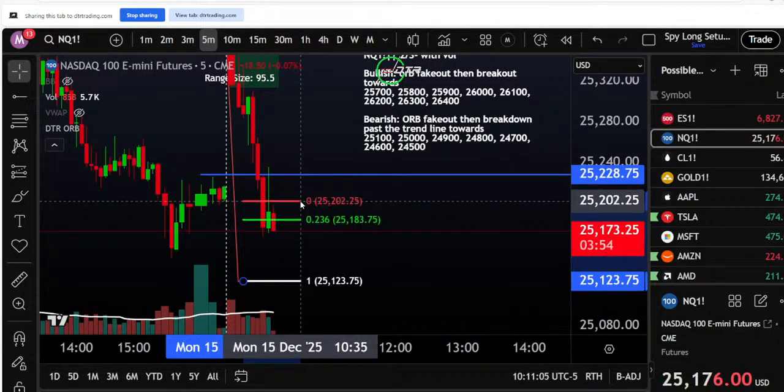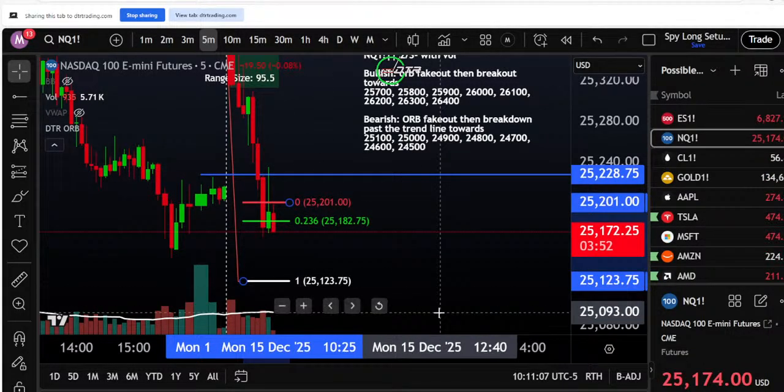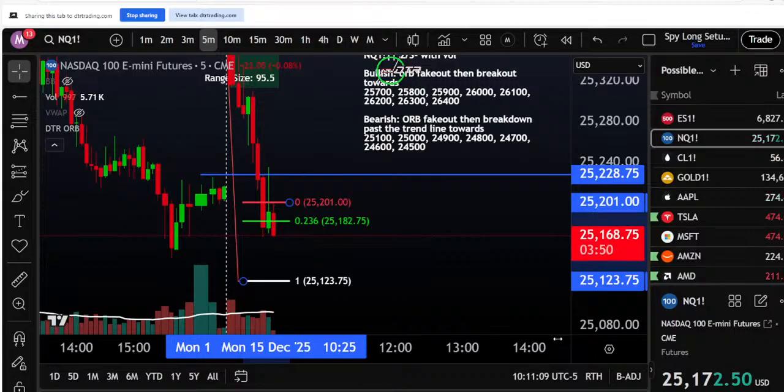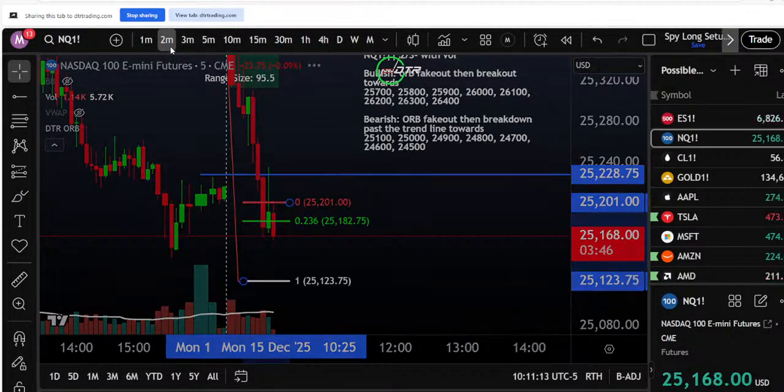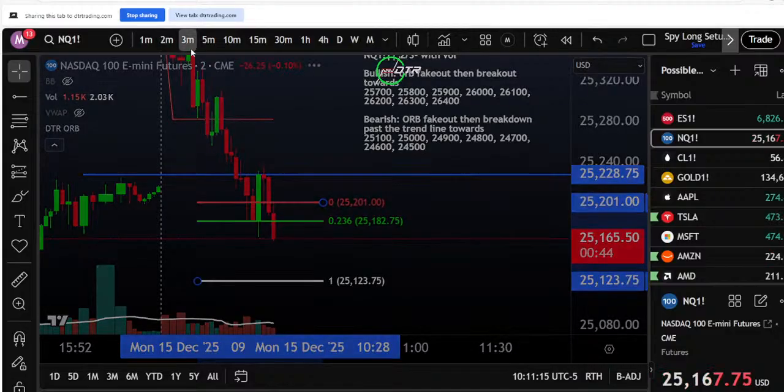Maybe we could do something like this. That'd be a stop loss at 201. Got a decent pullback to go now, so we're gonna go like 30 points, which is pretty punchy.